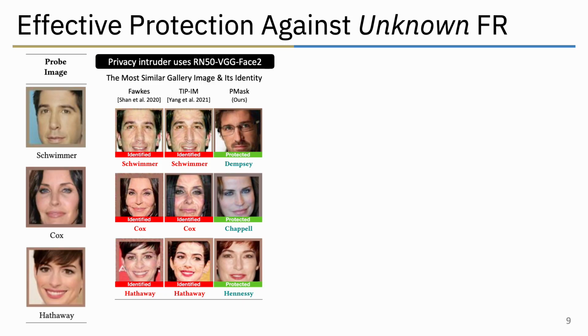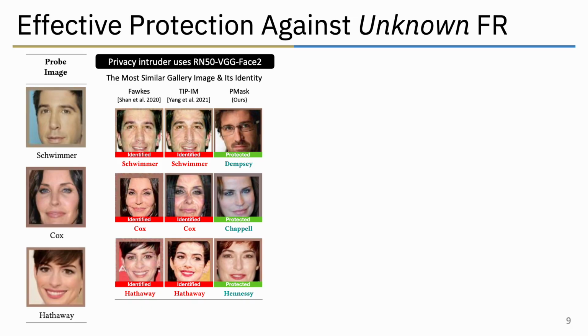Consider the privacy intruder uses a ResNet50 model trained on a VGG face dataset for face recognition, and the privacy intruder tries to use this model with the reference database to find the most similar face to each of the query images.